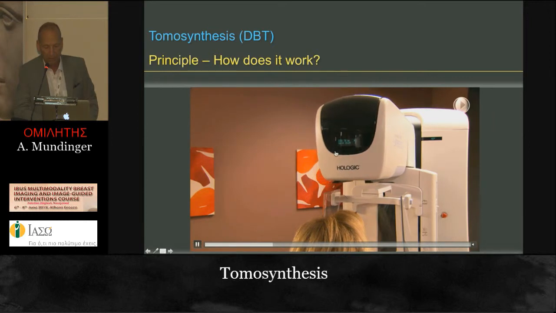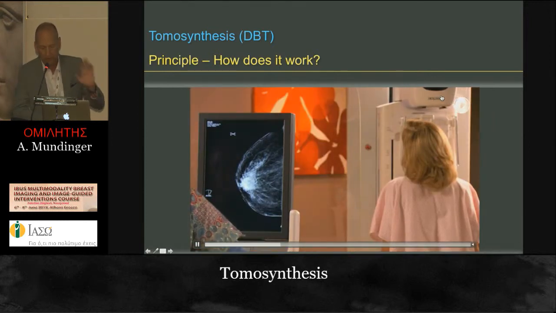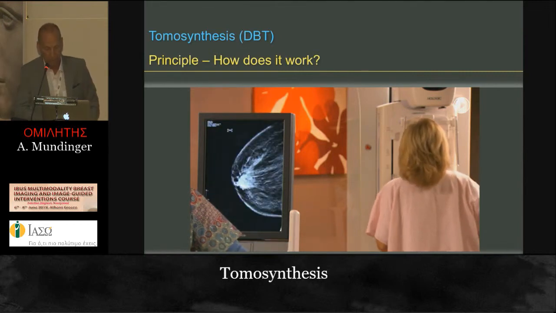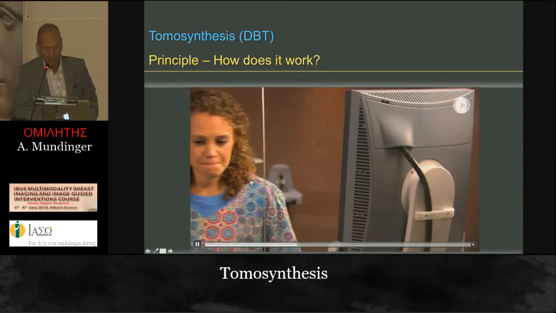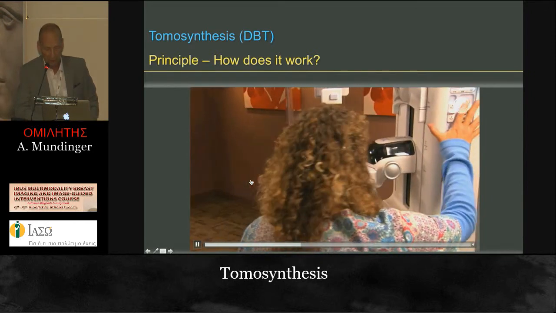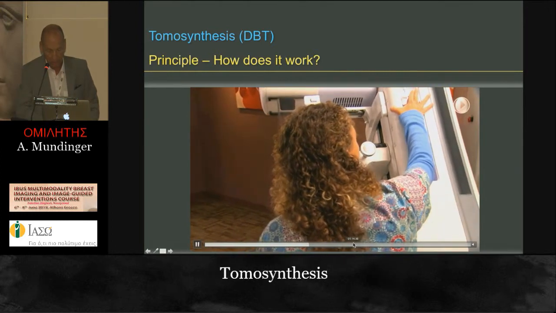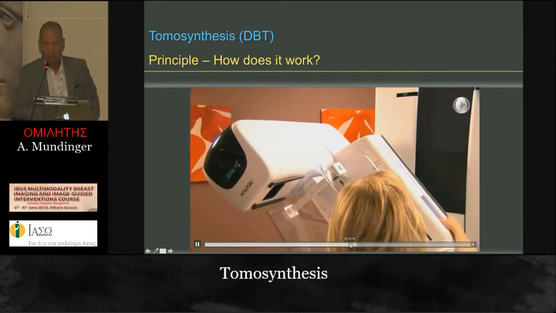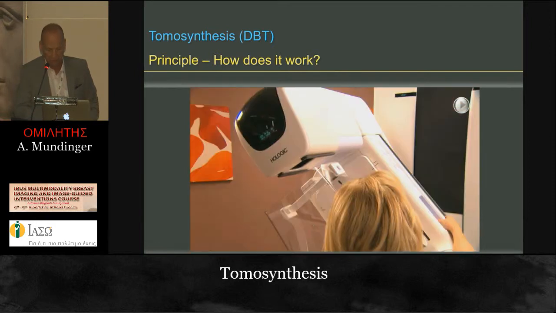And if you look at this tube, it just covers an arc, approximately 25 degrees. And if you look now at these images, you will see them. And she goes on with the second plane, and this is the second plane. So this is a full coverage of the breast by tomosynthesis.